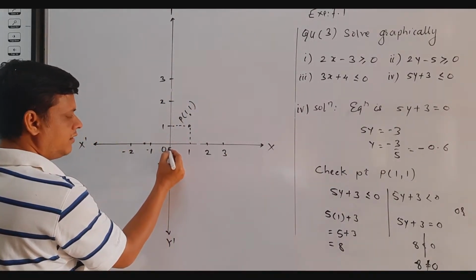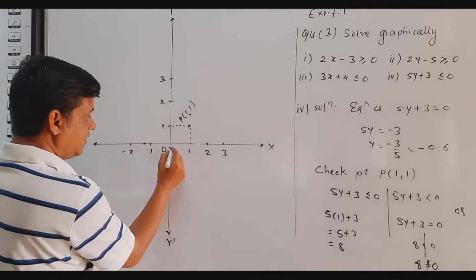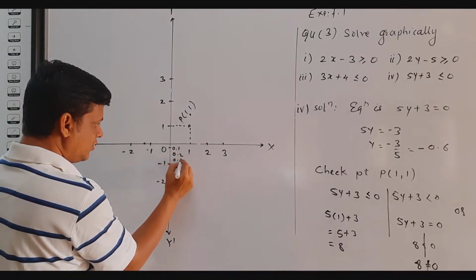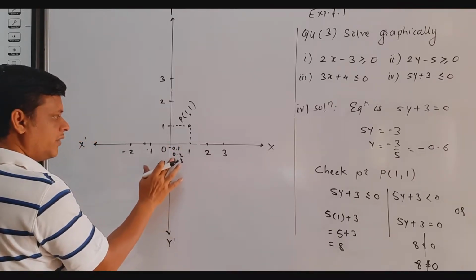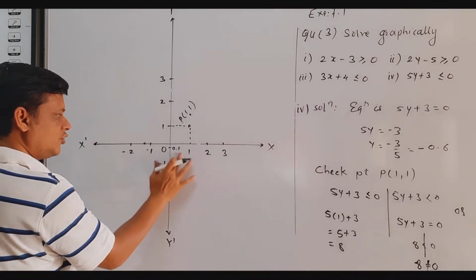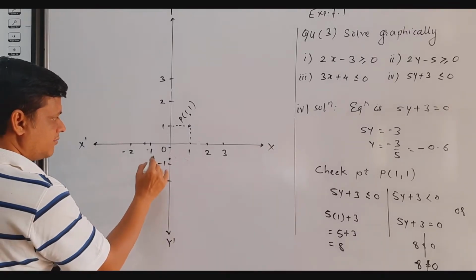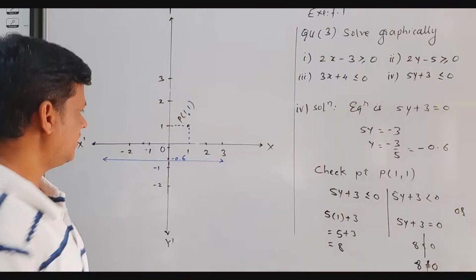That means we have to take here the point minus 0, and here the points 0.1, 0.2, 0.3 and so on. We get here the value minus 0.6. So before this minus 1 is minus 0.6.